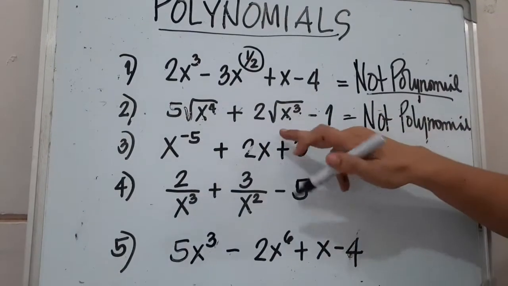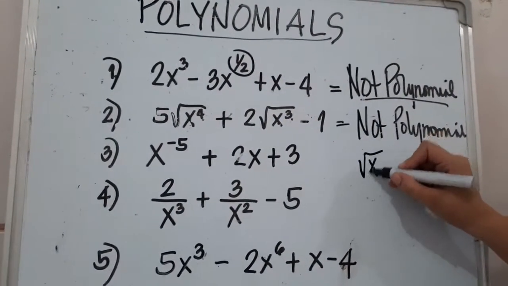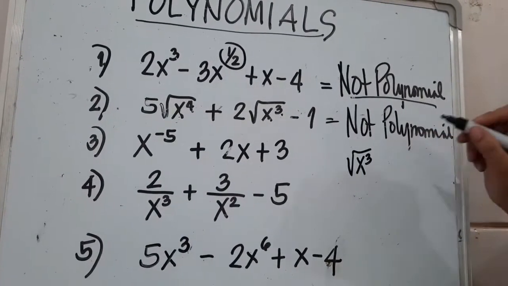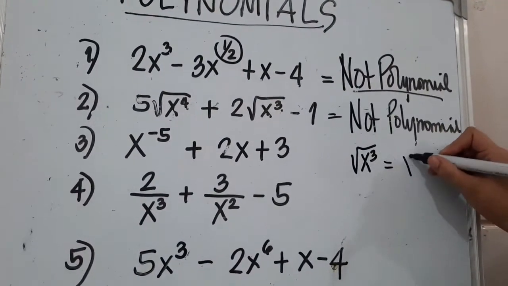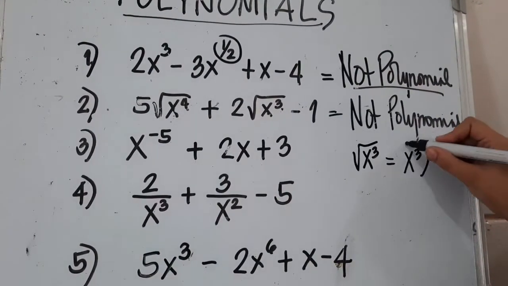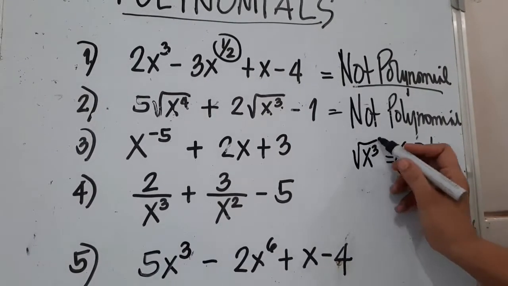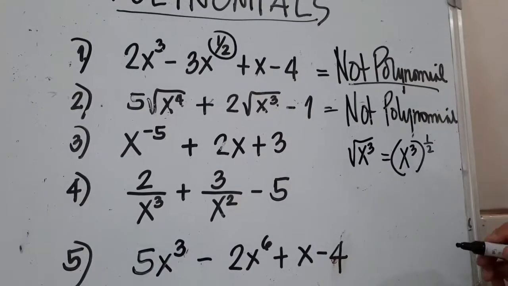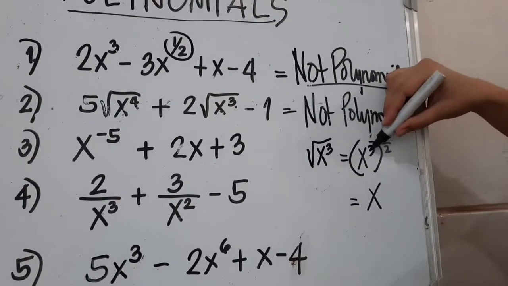It's because, let's take this one, the square root of x cubed. The square root of x cubed can be expressed in exponential form, wherein the square root is equivalent to being raised to the power of 1/2. That is what we mean by square root. So in simplifying, that will become x, power by power.